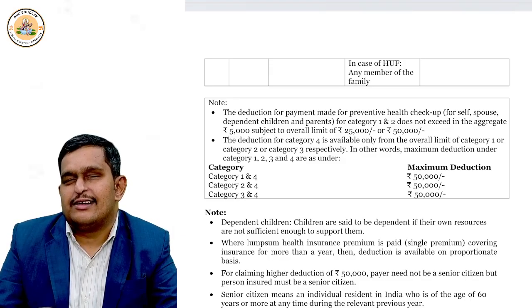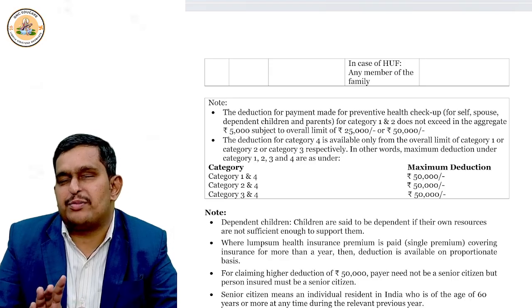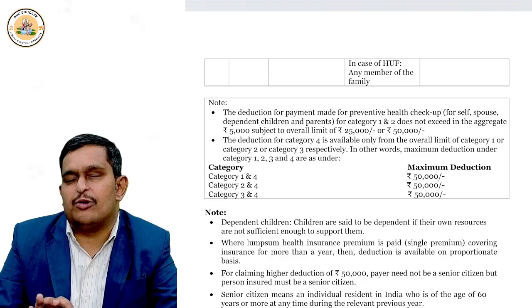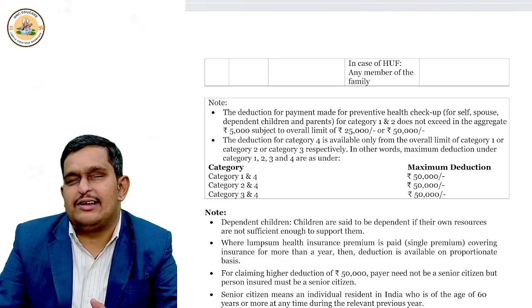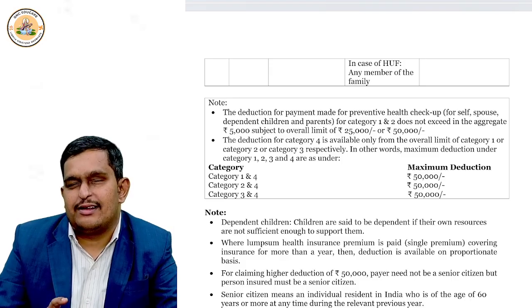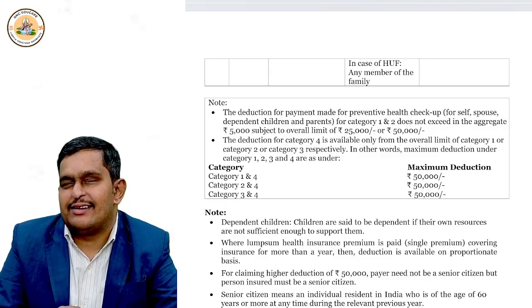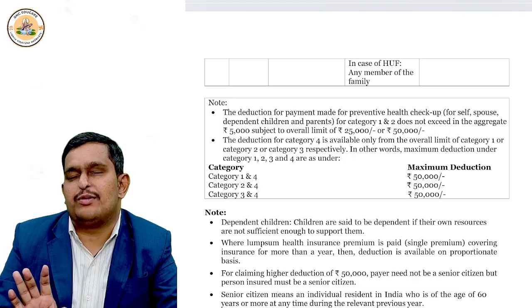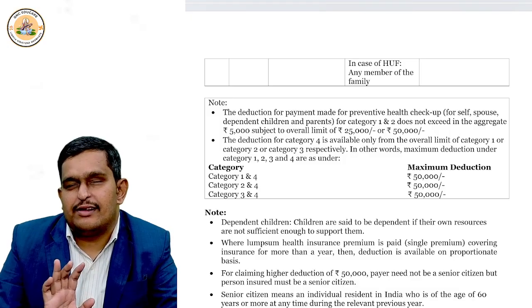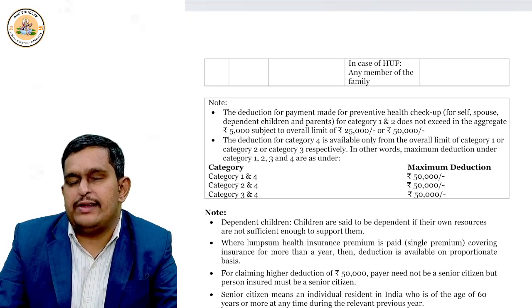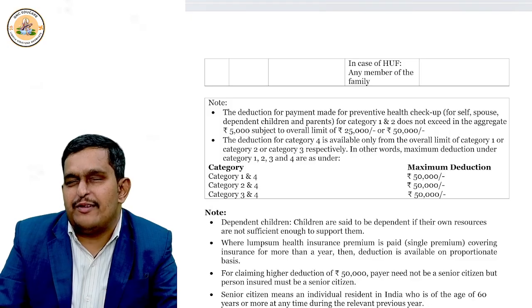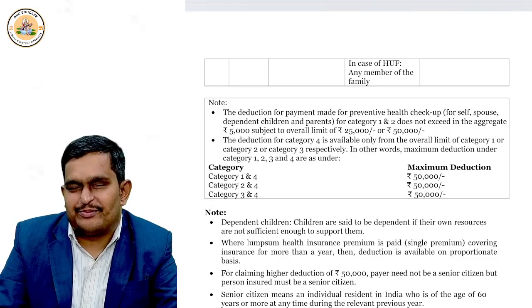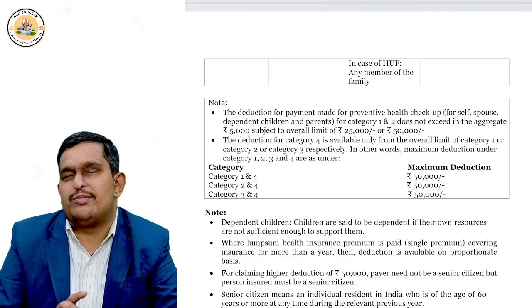So in that case, the maximum deduction for preventive health checkup is 5,000 rupees. So whether it is category 1 or category 2, together, that means self, spouse, children plus parents, preventive health checkup cannot be more than 5,000. Now you pay through account payee cheque or cash, it doesn't matter for preventive health checkup. Only for preventive health checkup it doesn't matter. Okay. But the amount cannot be more than 5,000.